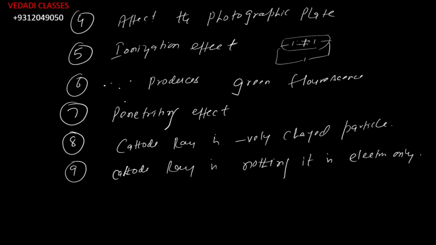Now the charge by mass ratio for this comes to 1.76 × 10^8 coulomb per gram. You should keep in mind the charge by mass ratio for the electron.